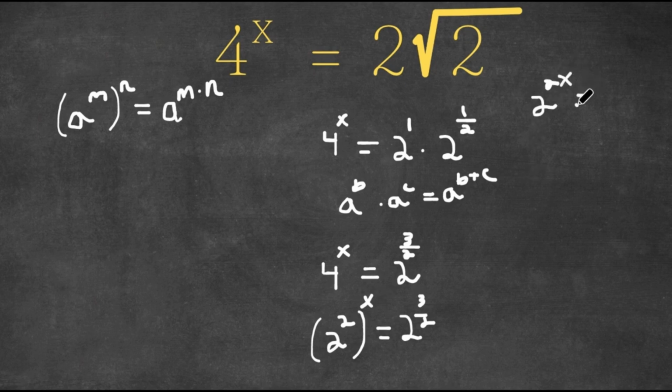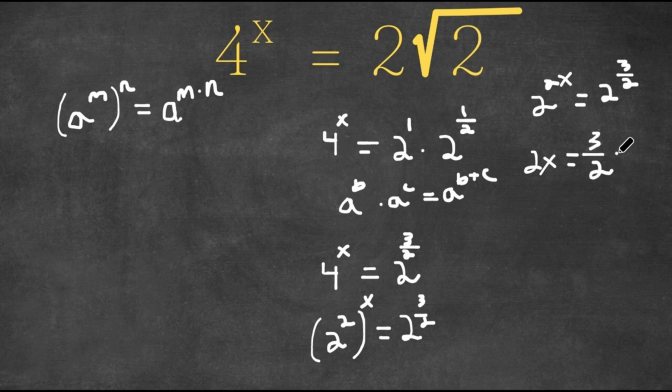And this is equal to 2 to the power of 3/2. Now, because our bases here are the same, our exponents are the same as well, meaning 2x is equal to 3/2. And now, as you see, we have a simple equation.